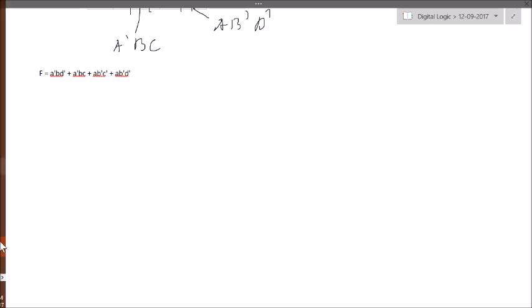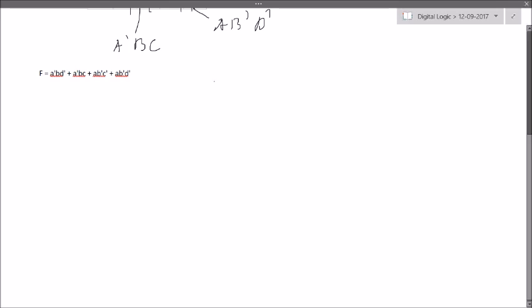Sorry, my tablet freaked out for a moment there. Let's redraw the circuit. Okay, A prime B C, and A B prime C prime, and A B prime D prime. All of them are in the SOP form, sum of products, right?